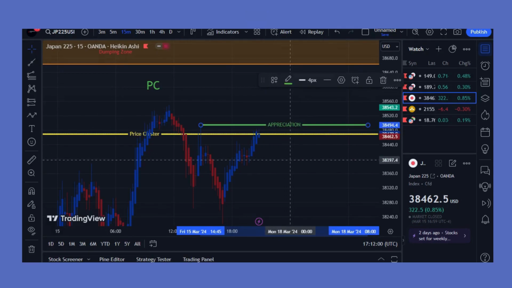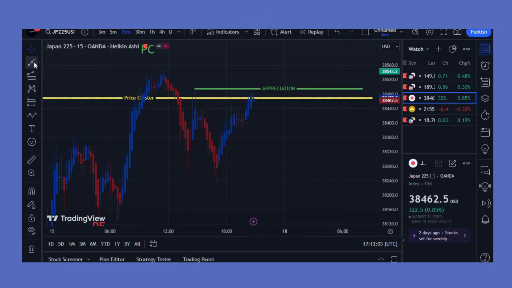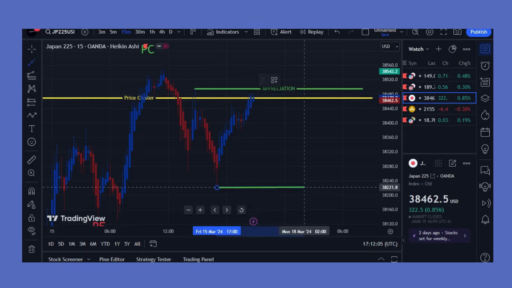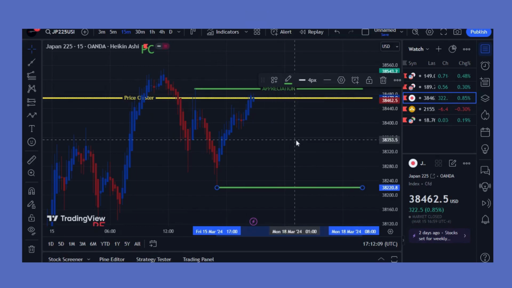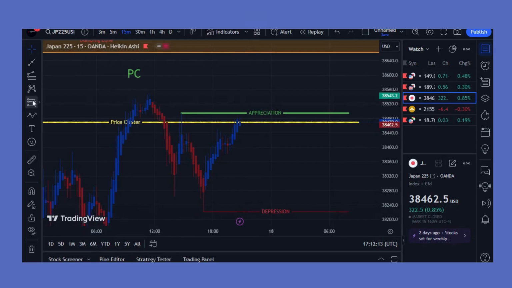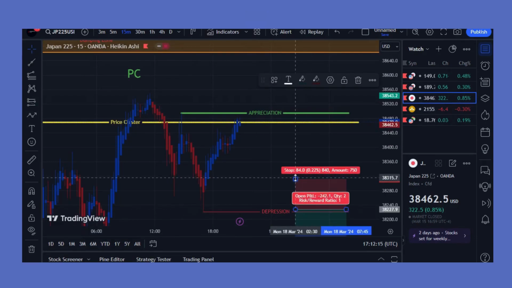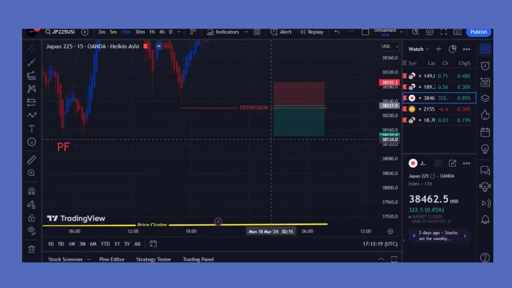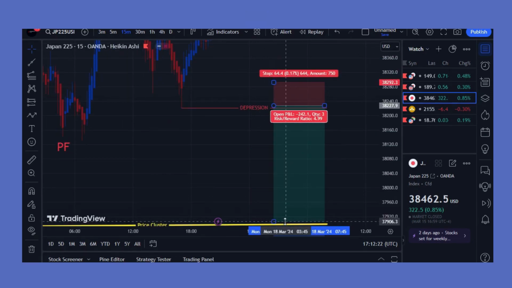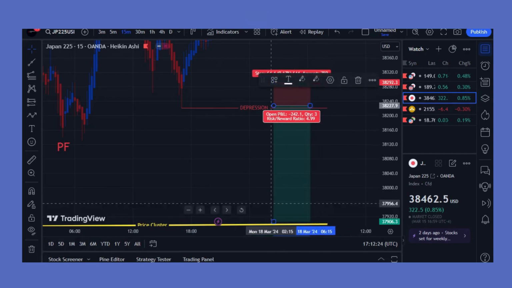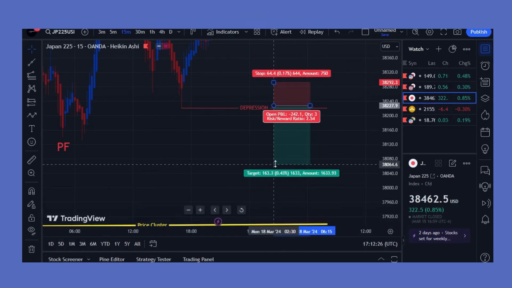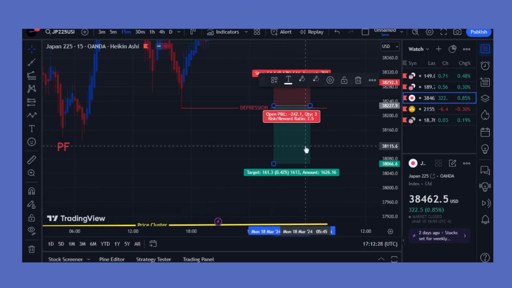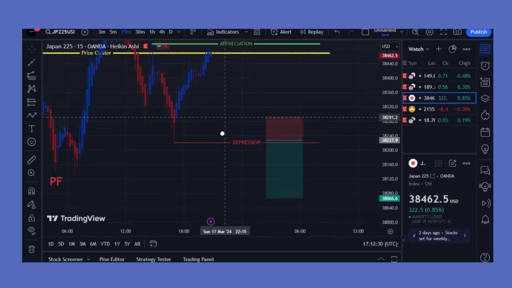So appreciation level and depreciation level. So I want to short the price somewhere here, maybe to this price cluster. But like I said, the first target is 1 is to 2.5.